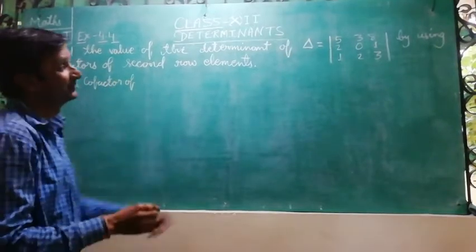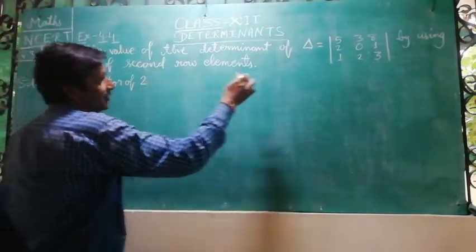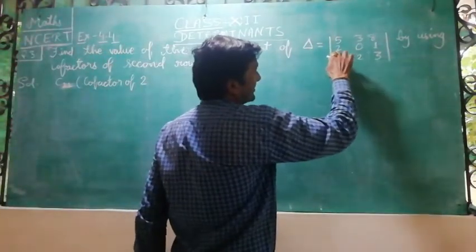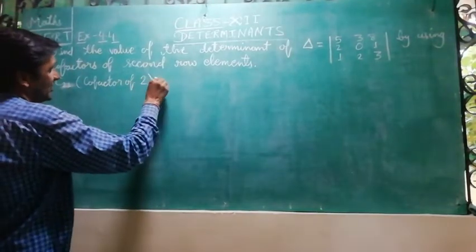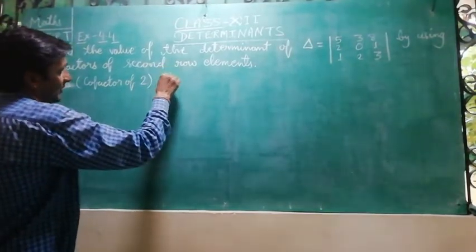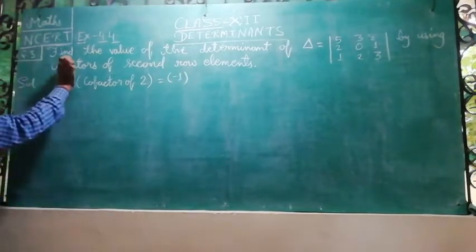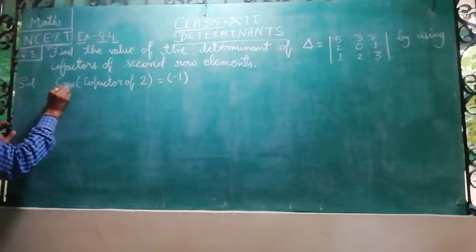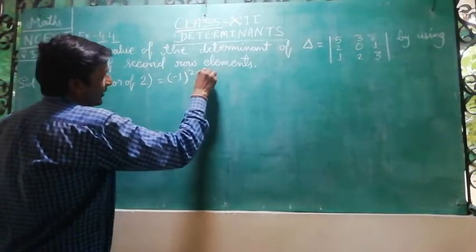This 2. Second row elements they have told. So cofactor of 2 is equal to minus 1 raised to the power 2 plus 1. C21 means minus 1 raised to the power 2 plus 1.